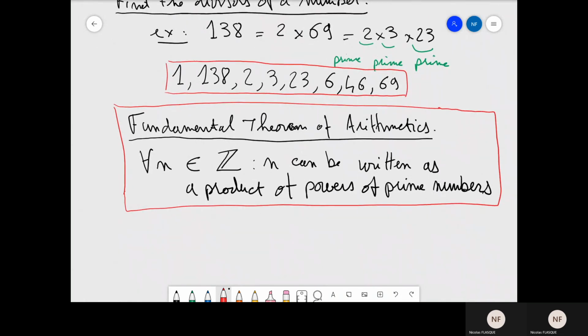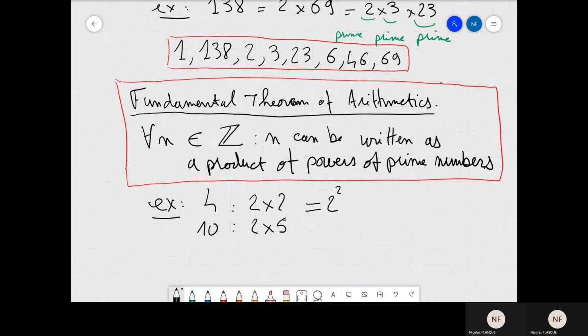Let's take simple numbers. For example, 4 is 2 times 2, which is 2 squared. 10 is 2 times 5, which are both prime numbers. 98 is 2 times 49, which is 2 times 7 times 7, which is 2 times 7 squared.